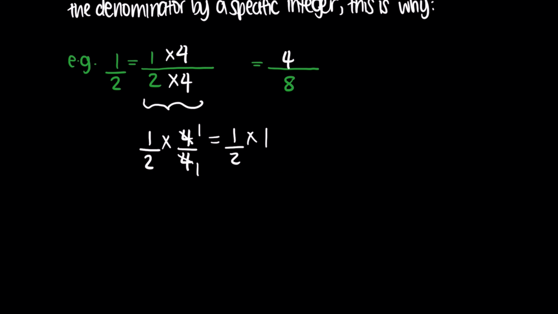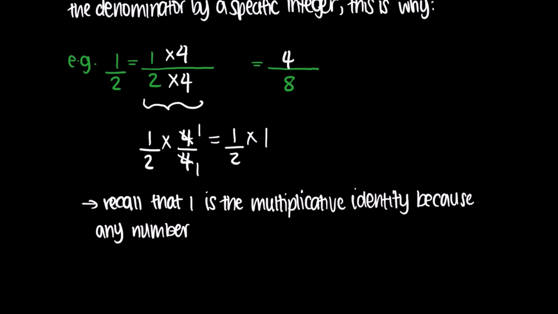And recall that 1 is a multiplicative identity because any number multiplied by 1 is the same number. So when we multiplied a half by 4 over 4, we're essentially multiplying a half by 1. This is the reason why a half and 4 over 8 are essentially the same fractions, which is why we call them equivalent fractions.